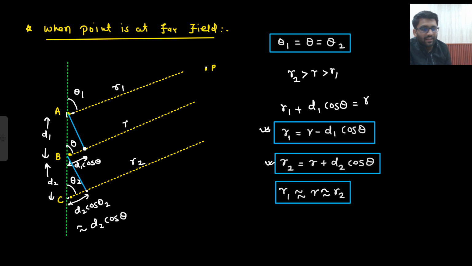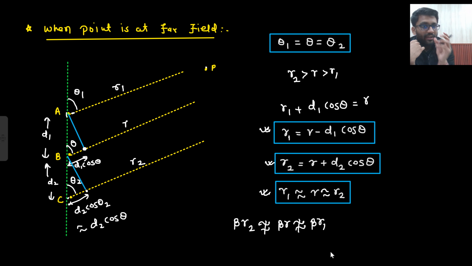I cannot say that beta R2 will be nearly equal to beta R, which will be nearly equal to beta R1. This nearly-equal relation I am not going to use. This equality I am going to use, but this will not be used. Are you getting this point?